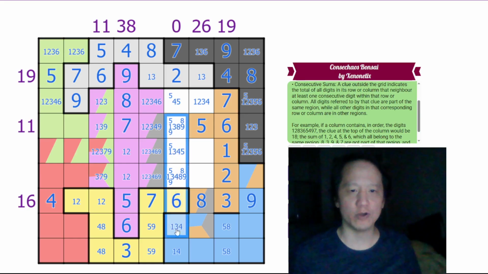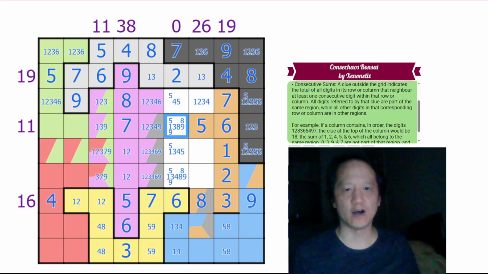We have a 1, 3, 4, 5 quadruplet in column 6. That eliminates 1, 3, 4, 5 in the rest of the column. So this has to be an 8, 9 pair here to be not consecutive.